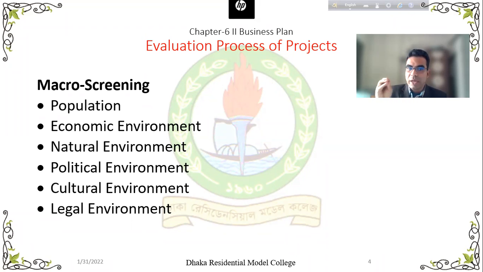If the natural environment is suitable for growing fruits or raw materials, you can establish a business, your business will be successful because you will get easily the raw materials for your business. Understand?